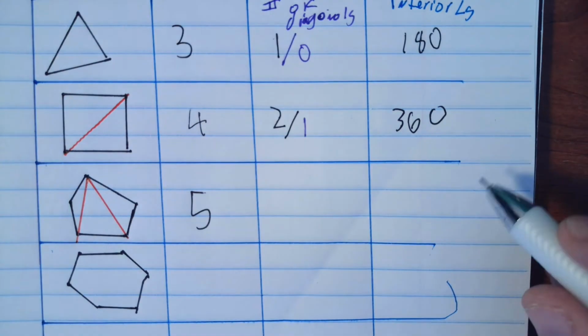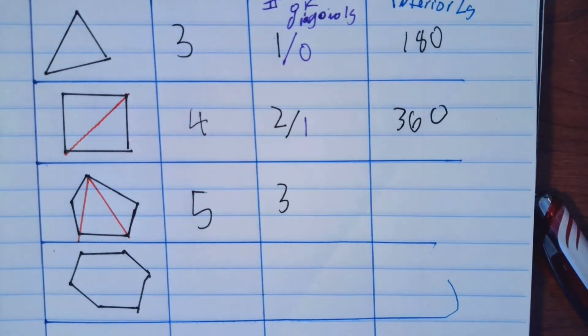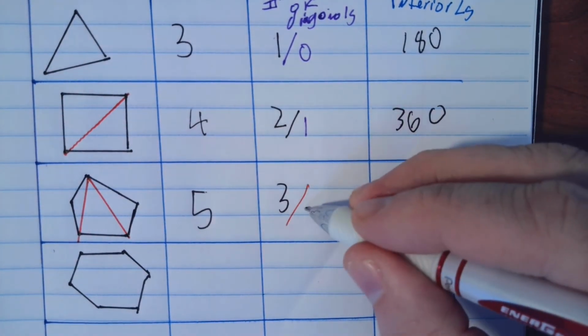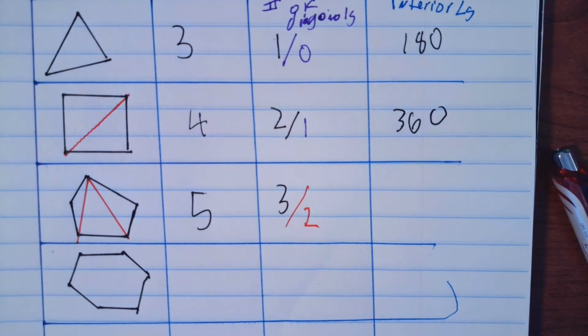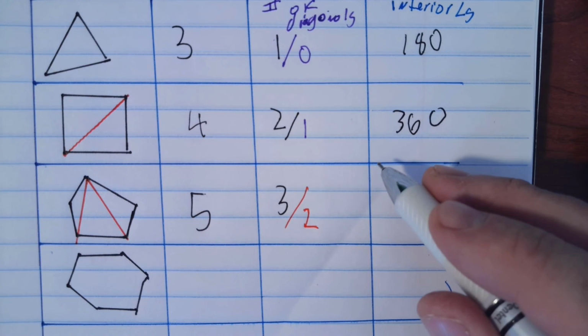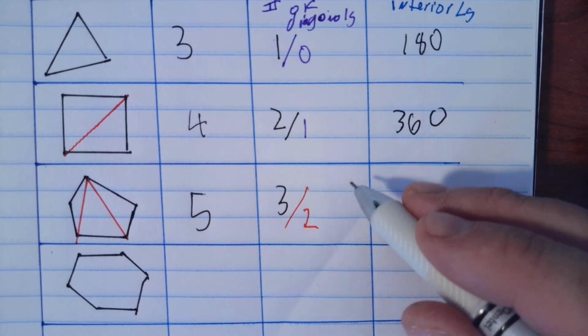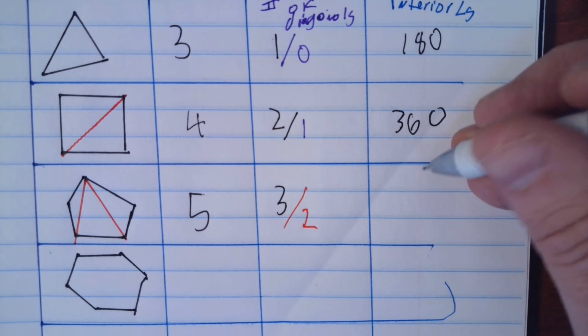Looks like I can divide this up into 3 triangles by drawing 2 verticals. Okay, and I will tell you, and we're going to look at this and see a pattern, that this is going to be 540.